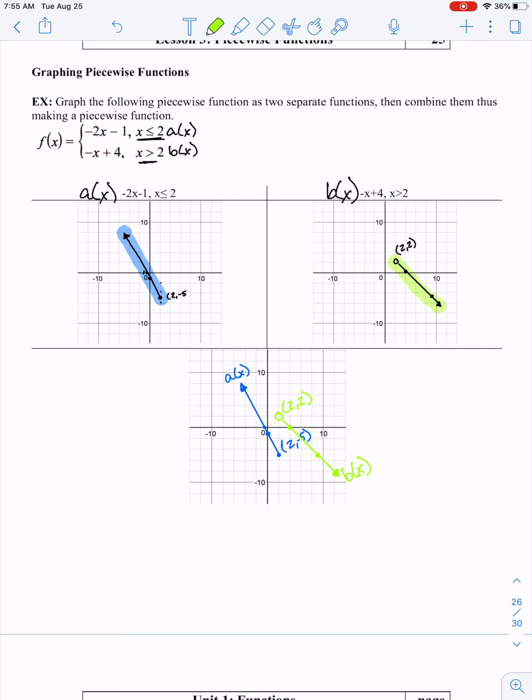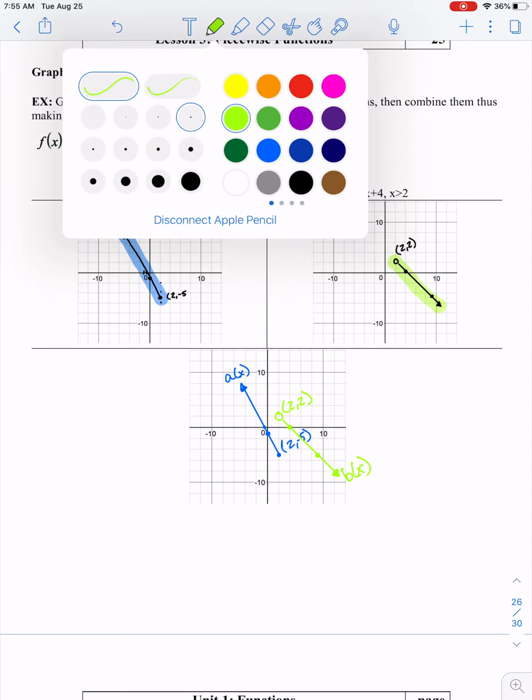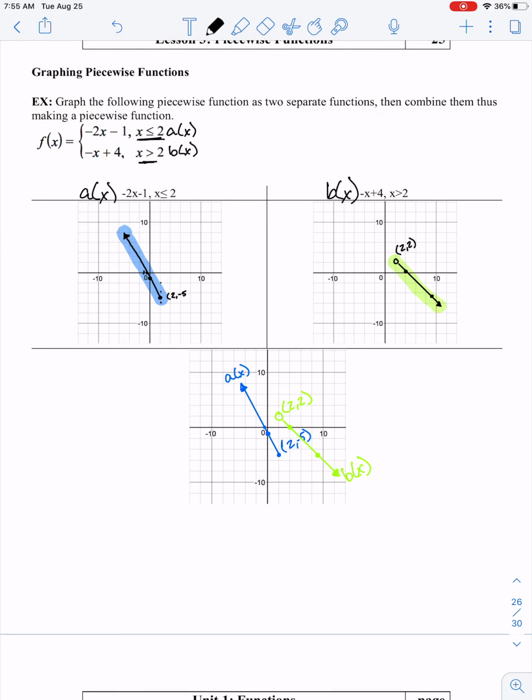Like, oh, this graph right here has a closed dot, whereas the answer choice has an open dot, so it can't be that one. Something that important is often what gets you the correct answer versus the incorrect answer.